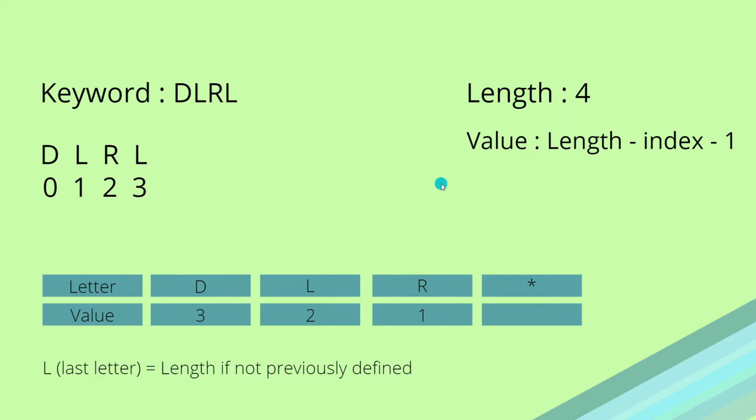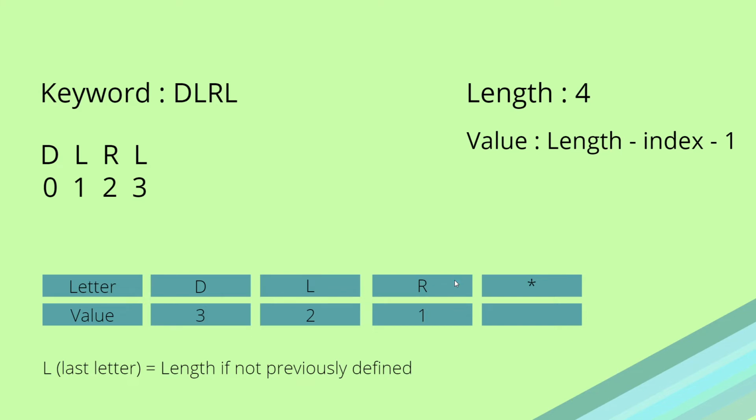But since L already has a predefined value, which is 2, we are not going to reassign it as 4. We have to give importance to this rule, which is an exception. If the last character has already been assigned a value, we should not change it.